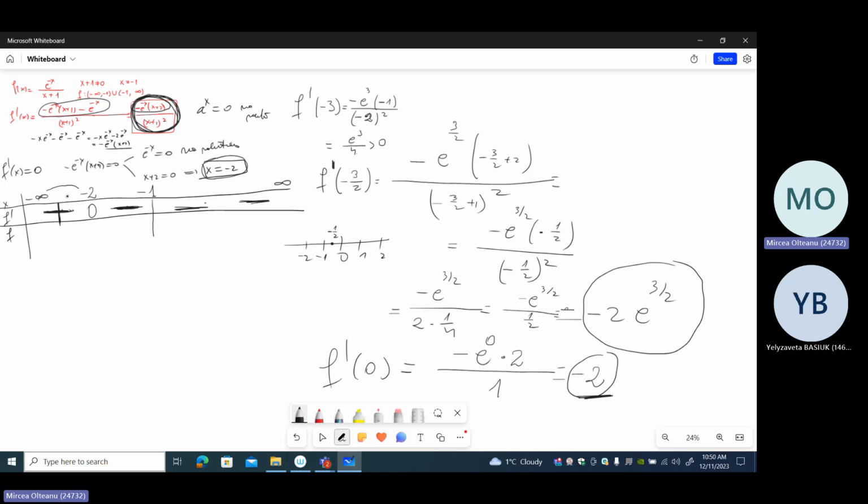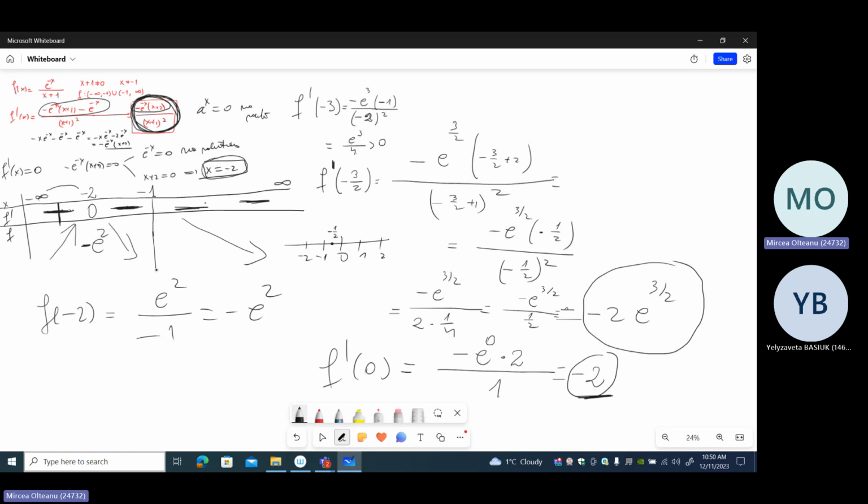The conclusion is that on the interval minus infinity, minus 2, the function is increasing, then it is decreasing, and then it is decreasing. We now must compute the value of f at minus 2, which is e at 2 over minus 1, which is minus e squared. So here it's minus e squared.